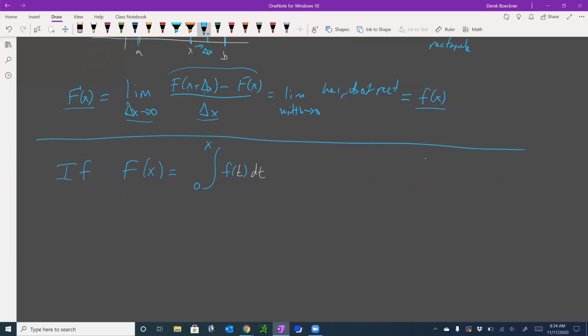So I'm going to integrate with respect to t, little f of t, and then I'm going to evaluate at 0 to x. And that's a function F. Then little f of x is equal to F prime at x. That's the fundamental theorem of calculus part 1.